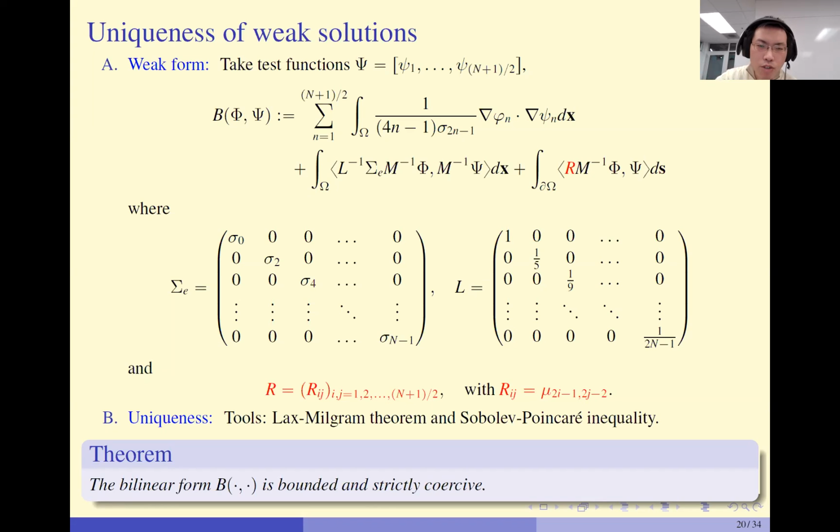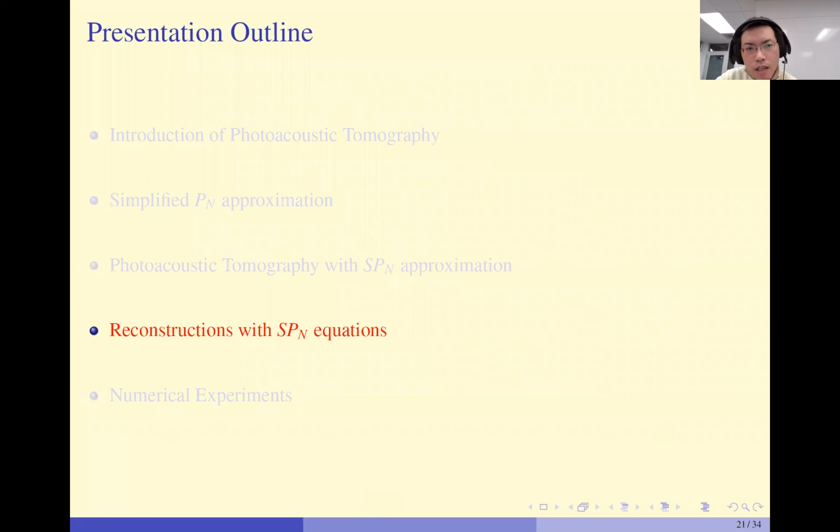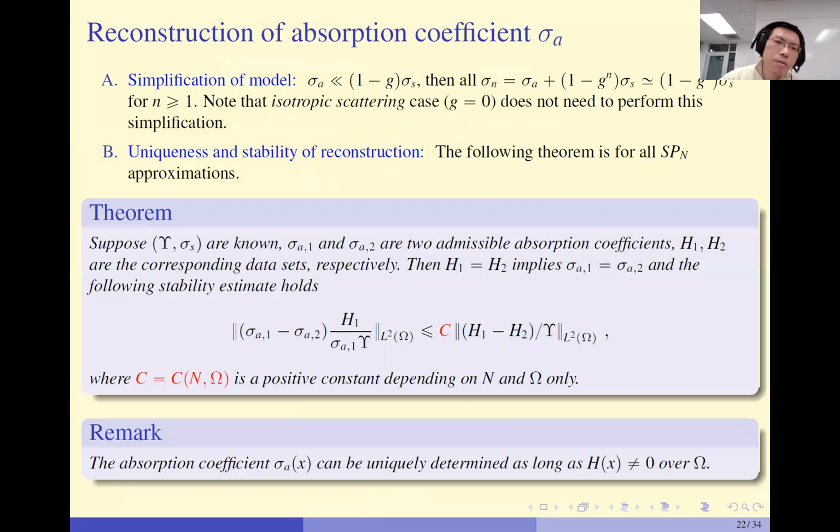That means that we can try to study this solution. And to do the reconstruction, assuming this problem permits this kind of unique weak solution, we still need some more assumptions.